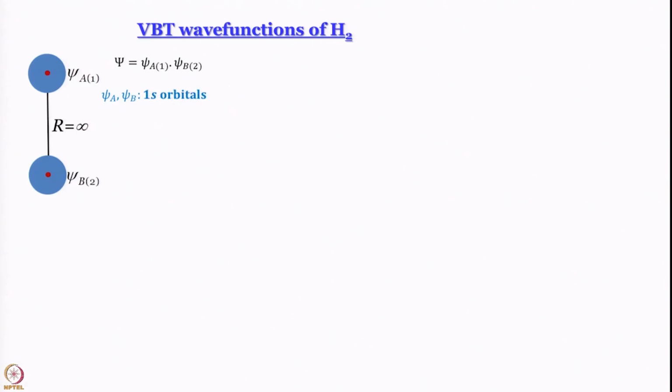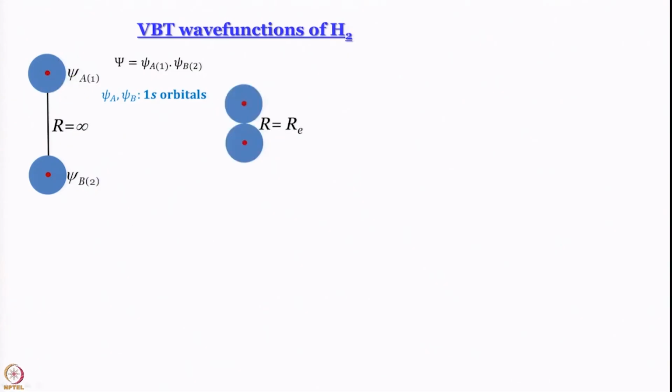Okay. So, this is what it is when they are very far apart. Electron number 1 is happily, blissfully ignorant about the presence of nucleus B, and electron number 2 is happily ignorant of the presence of nucleus A.